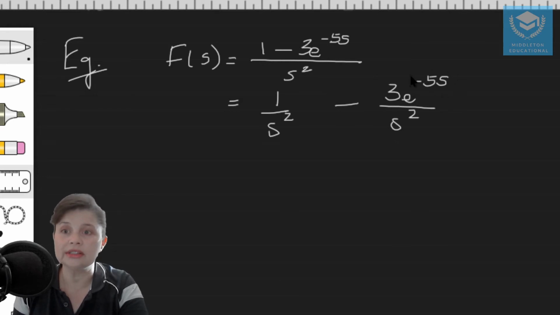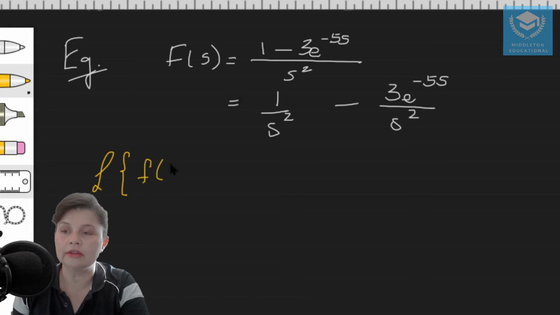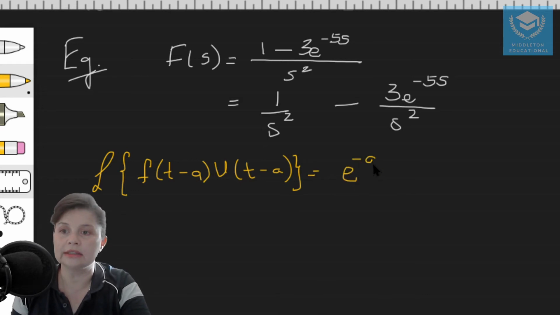So we're going to put this in the form of the second shifting theorem. And let's just remind ourselves what that is. The transform of a function where you have f of t minus a times u of t minus a is going to be e to the power minus as times the transform of f of t.